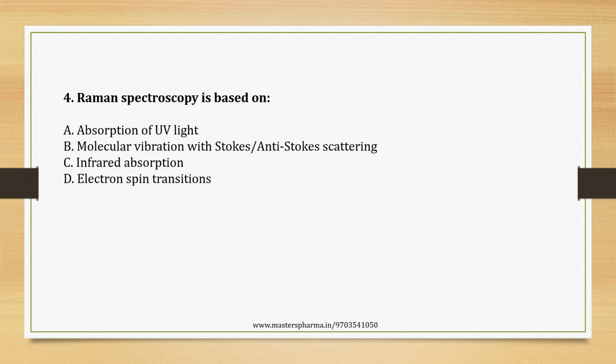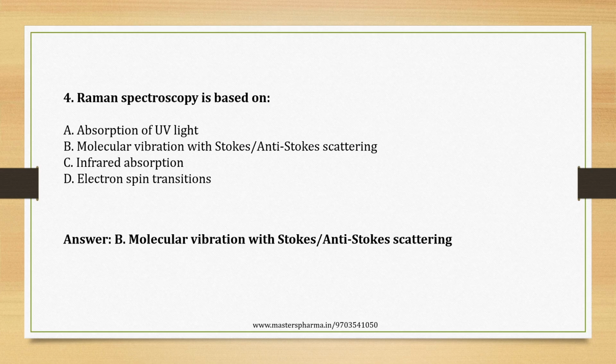The next question. Raman spectroscopy is based on: absorption of UV light, molecular vibration with Stokes and anti-Stokes scattering, infrared absorption, or electron spin transition. Here the correct option is option B, molecular vibration with Stokes and anti-Stokes scattering.